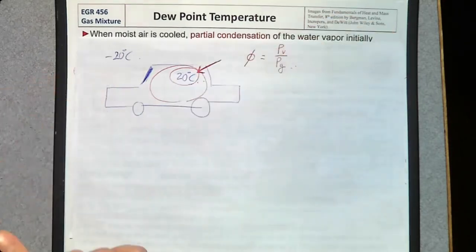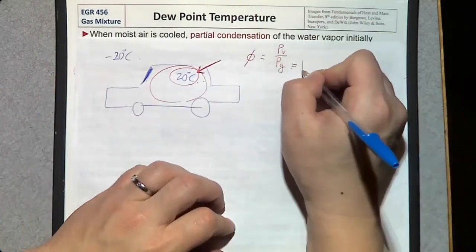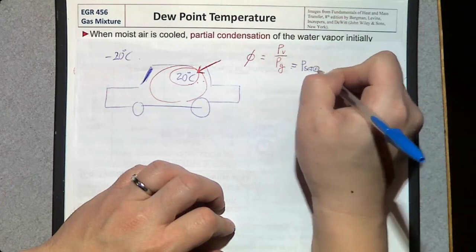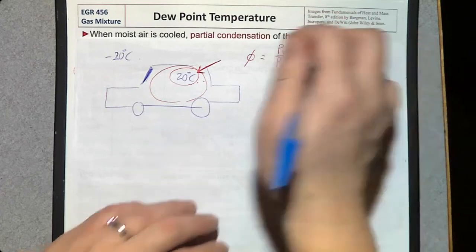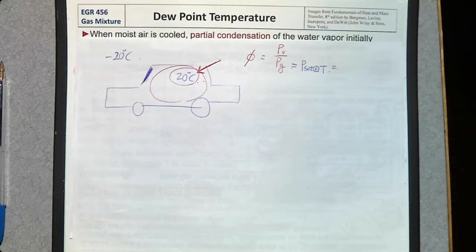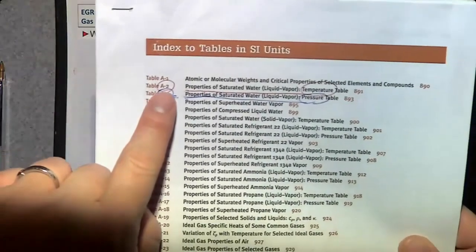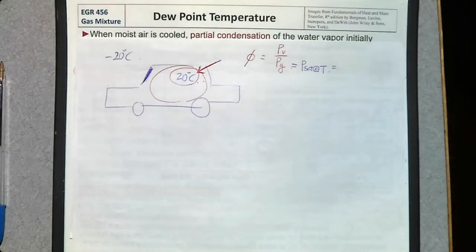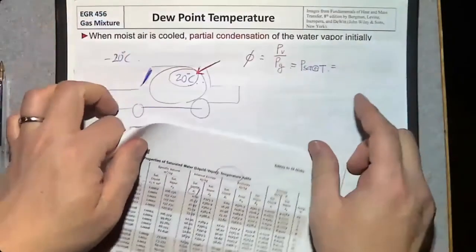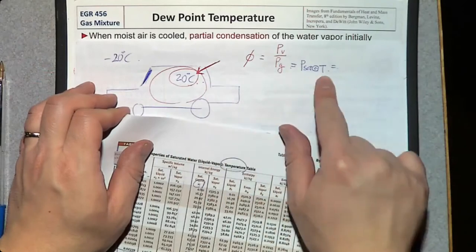This PG is P sat at the given temperature. So how can we determine P sat at the given temperature? You can go to the temperature table, which is table A2. What is the temperature inside? 20 degrees Celsius.